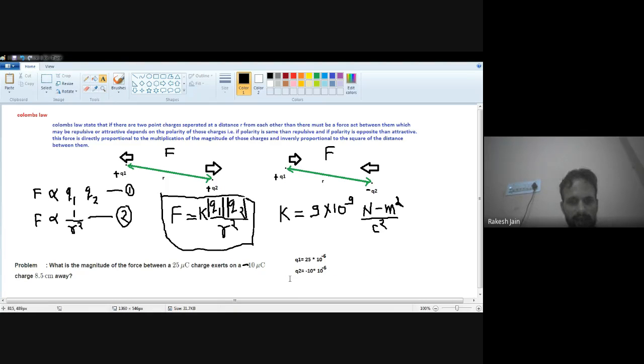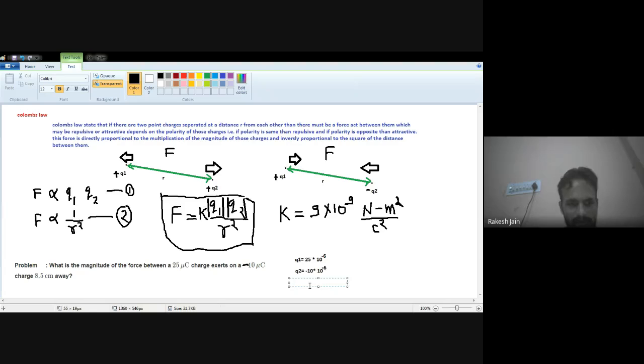Distance R is given as 8.5 centimeter, so we have to convert it into meter by dividing by 100. So it is 0.085 meter.